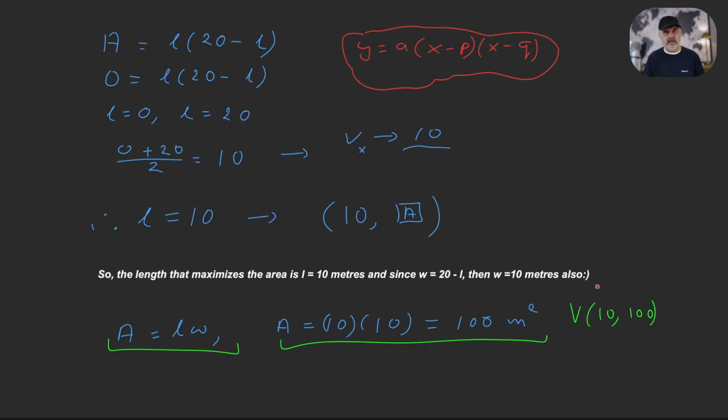This question may have an extra step, and sometimes it does. They say, okay, now we have the dimensions. What is the best area? Knowing that the area is the product of length times width, you know how much is length, how much is width. So boom, you have the area value, which would be the extra question in case there were questions like that on your test, on your quiz.